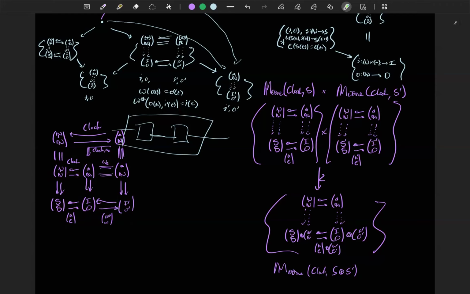So you can define this one to be this after this, and then the other one, the I part, to be this and this. Intuitively that's what it is, and it just works.